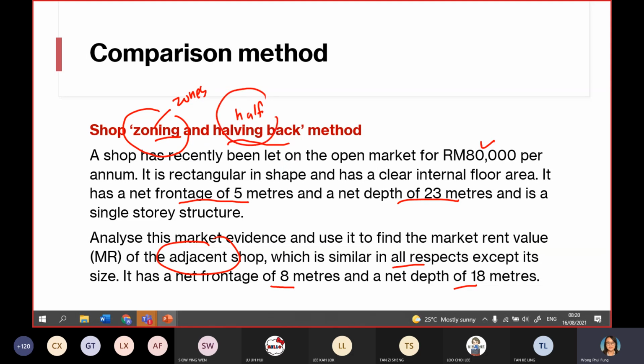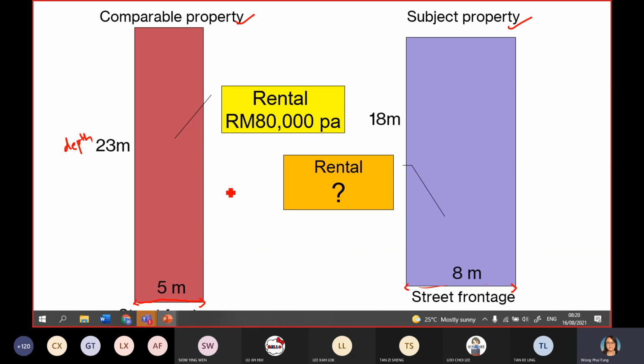So go back to this figure, you divide your property into a few zones by every 6 meter. Take note, it should be 6 meter. It cannot be 7, it cannot be 6.5, cannot be 8 meter. By right, the principle is 20 feet.